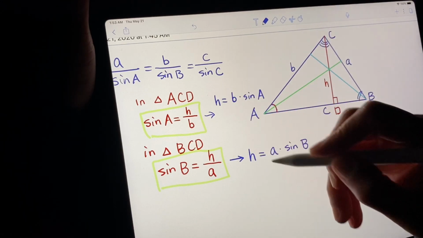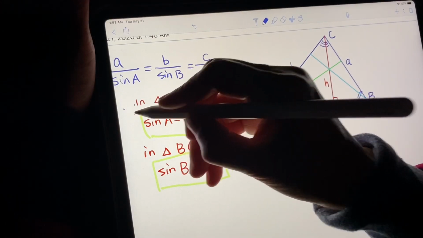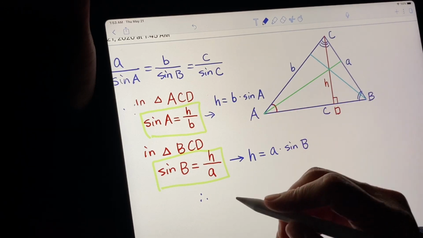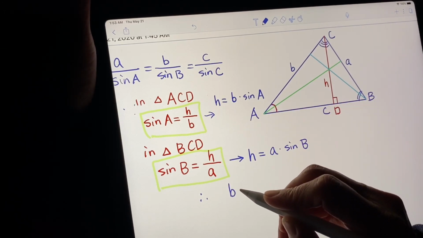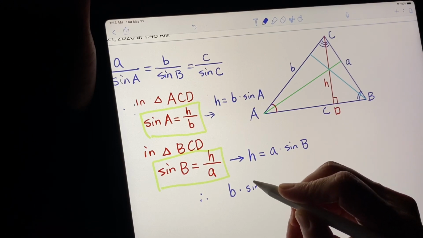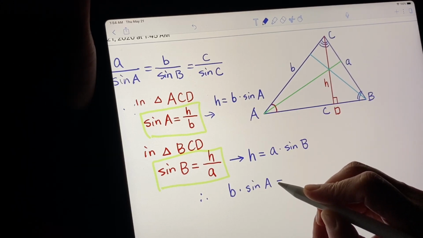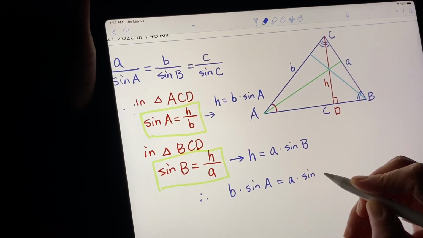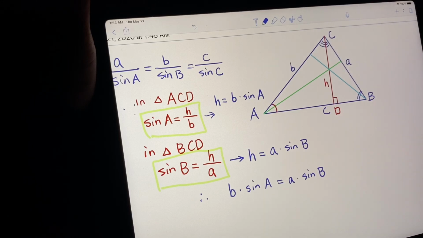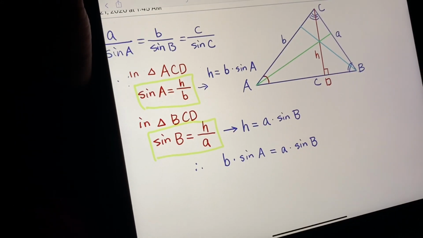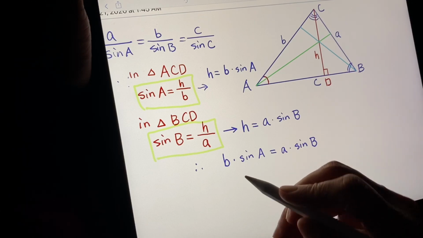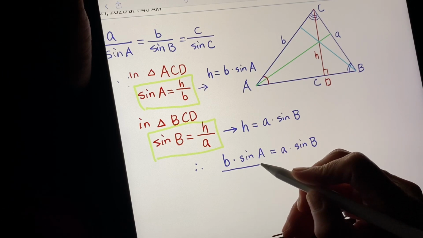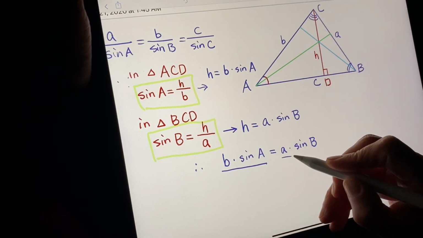So from these two, what do we get? b times sine A equal to a times sine B. So let's divide by the same thing.